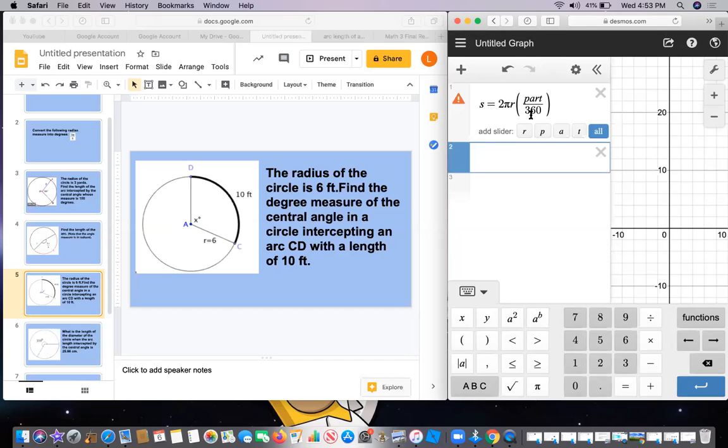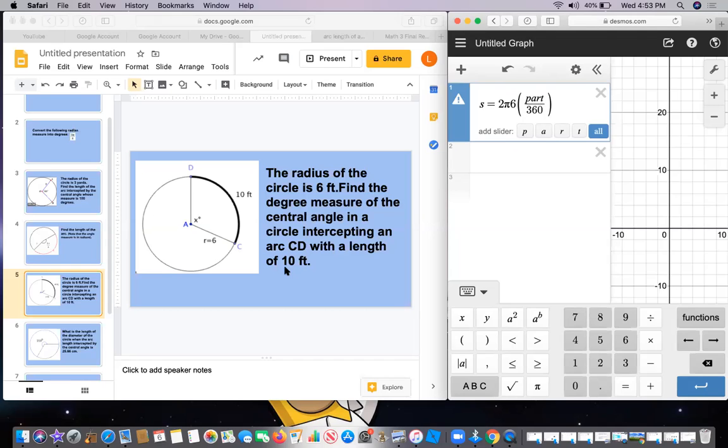Here what we're going to do next is substitute into this formula. Notice that the number 6 here is representing the radius of the circle, so this 6 will replace your r.